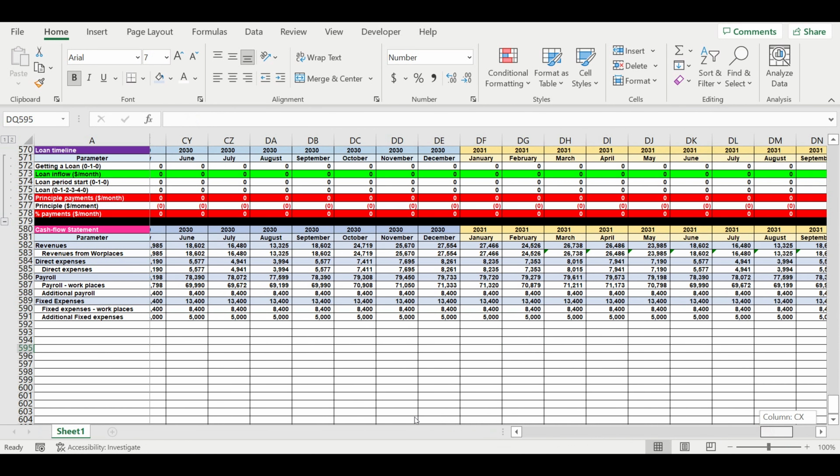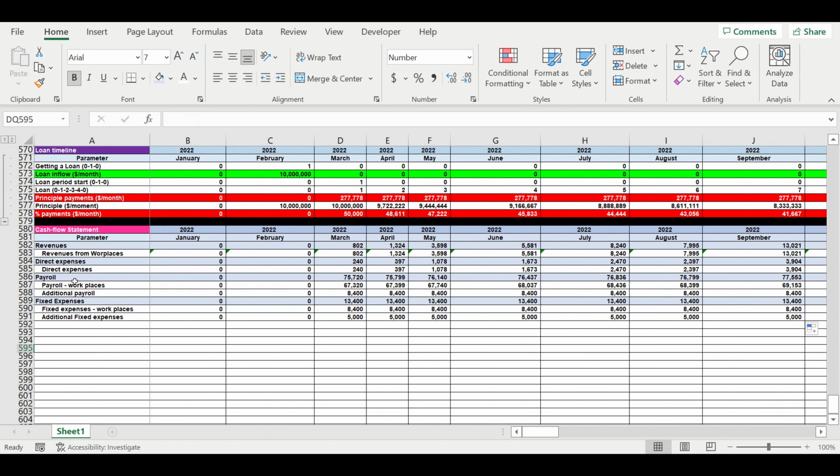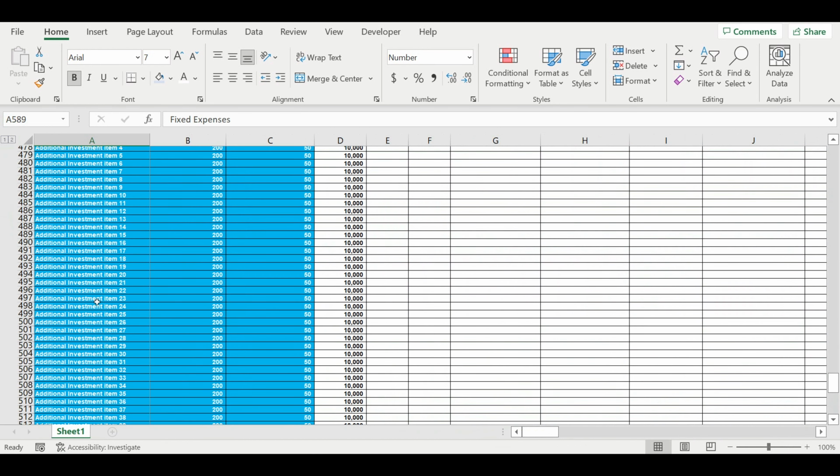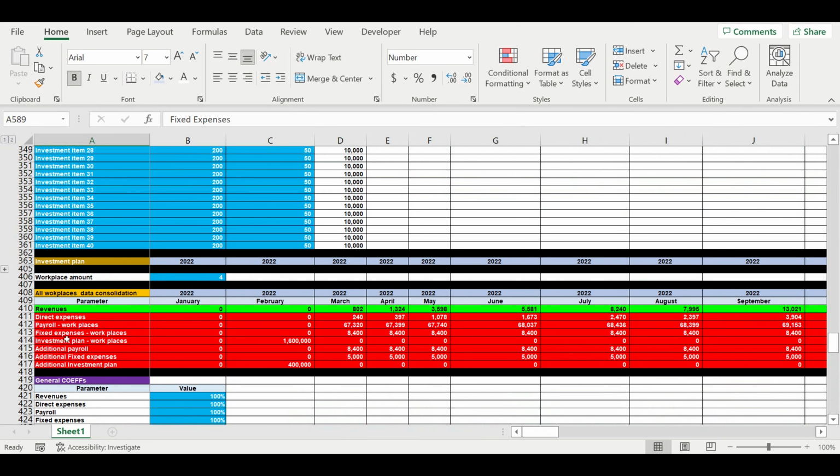Then I will move to fixed expenses, revenue direct payroll, revenue direct fixed investment additional payroll.